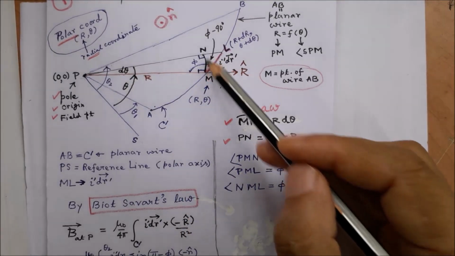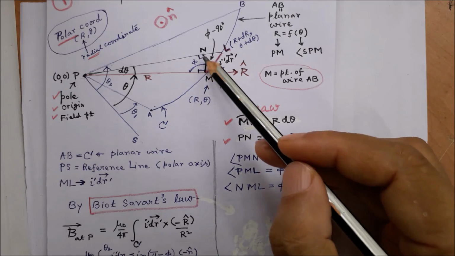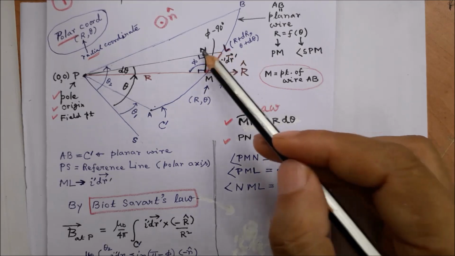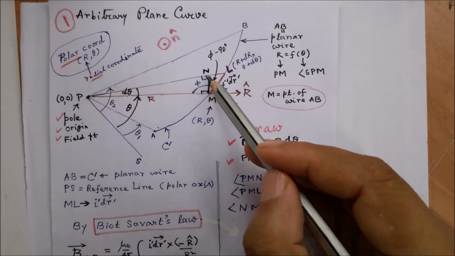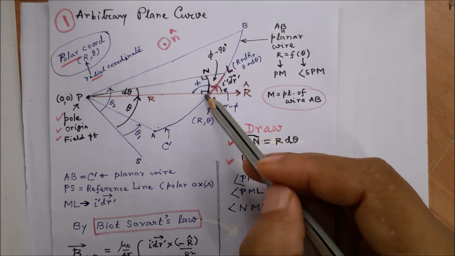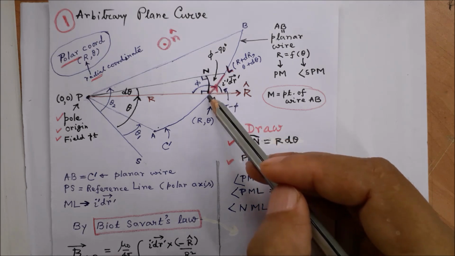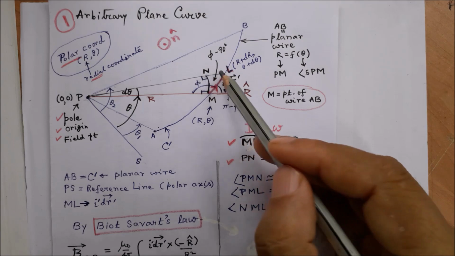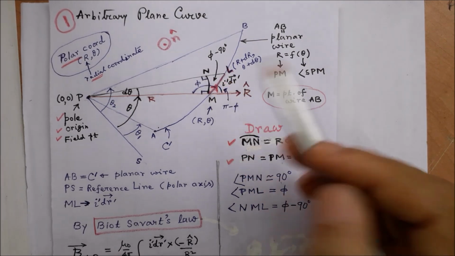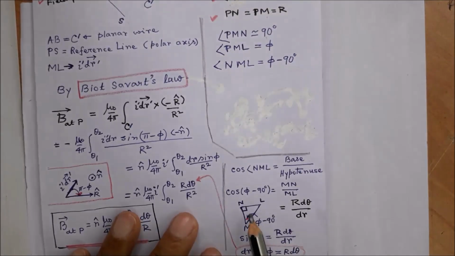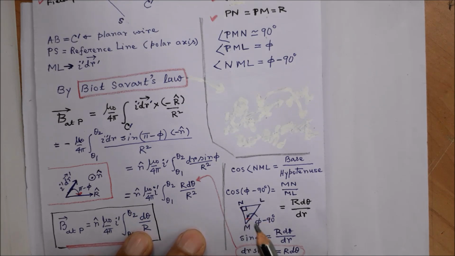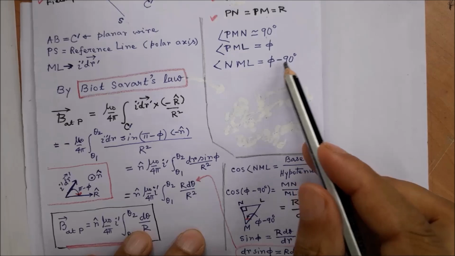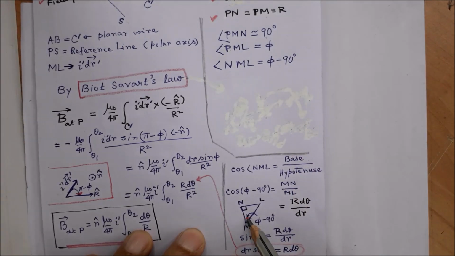So this is actually a straight line in the limit, and therefore this triangle NML can be redrawn here, and this angle is 90 degrees, this being essentially a straight line. We have a right angle triangle here, where this is 90 degrees, and NML is phi minus 90 degrees.